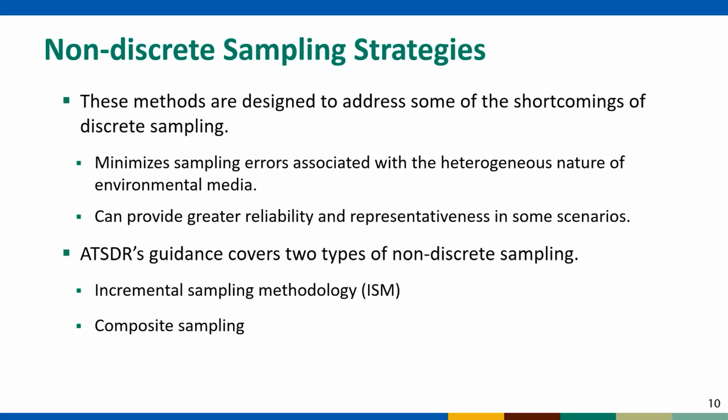ATSDR's guidance covers 2 common types of non-discrete sampling: incremental sampling methodology, or ISM, as I've mentioned, and composite sampling. These two approaches rely on similar collection methods, but provide considerably different information about contaminant concentrations in an exposure unit, and we'll talk about both today.